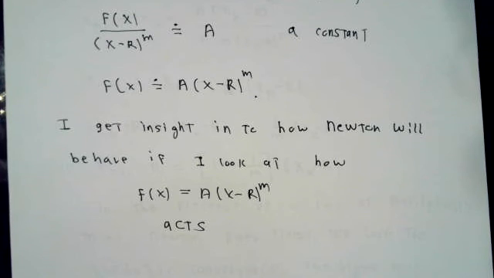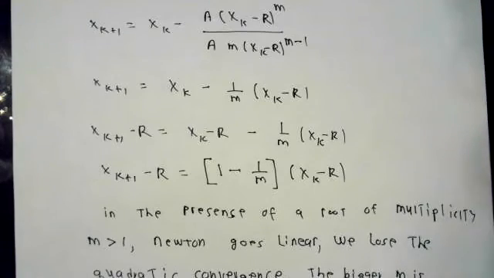If I figure out how Newton's method acts on that sample problem, I'll have a good estimate for how Newton acts in the presence of some other type of function that has a root of multiplicity, like x minus sine x, for instance.